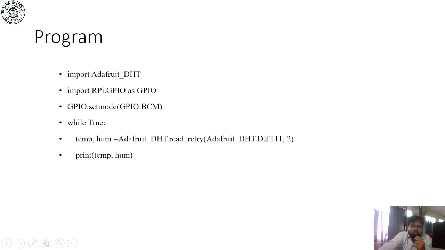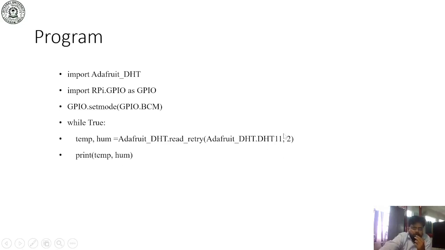So we are using the DHT11 sensor, not the DHT22 sensor. Both sensors can be used for monitoring the temperature and humidity. So you have to mention here which sensor you are using. So I am using DHT11. That's why I have mentioned Adafruit_DHT.DHT11.